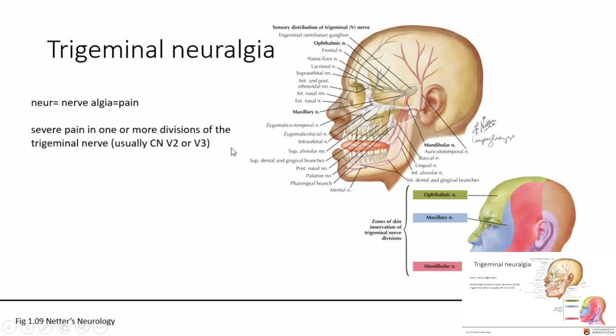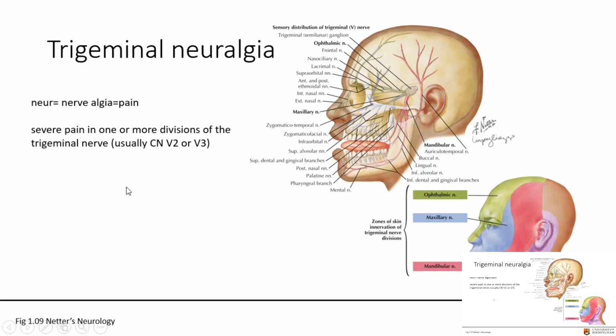Now we have another condition that in your clinical practice you may encounter, and this is also associated with the trigeminal nerve. It is known as trigeminal neuralgia. So this one is basically pain, because algia means pain, and neur is related to the nerve.